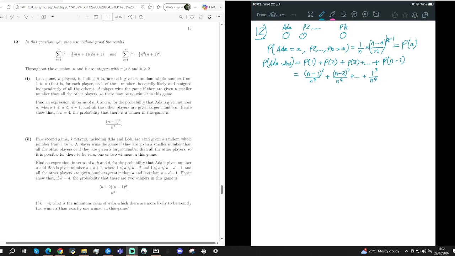Well, there's my summation. We're summing the cubes. Now we're summing them backwards. We started at the biggest, gone down to the smallest, but that doesn't stop us. So this is 1 over n to the 4, the sum from i equals 1 to n minus 1 of i cubed, which is 1 over n to the 4, quoting the formula at the top of the page, times a quarter.